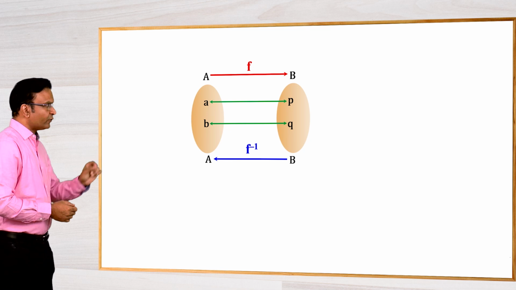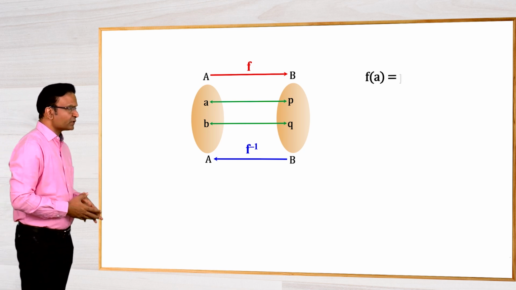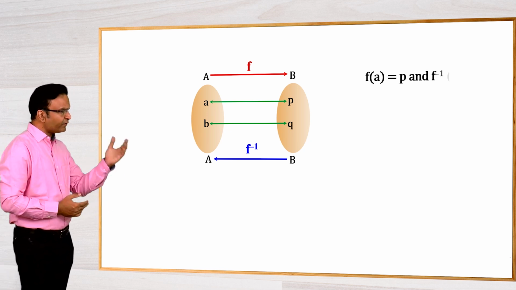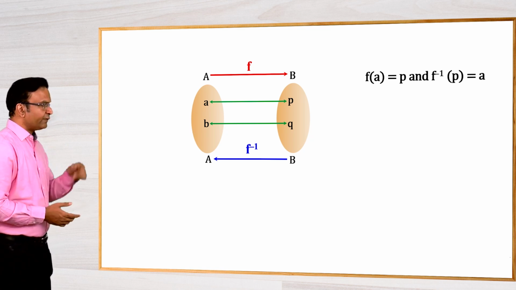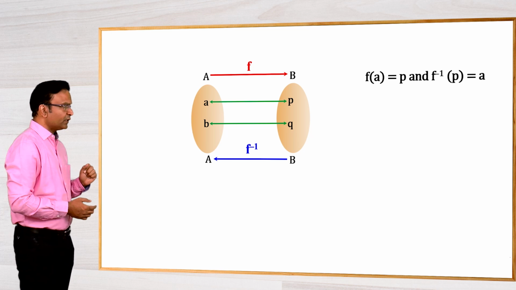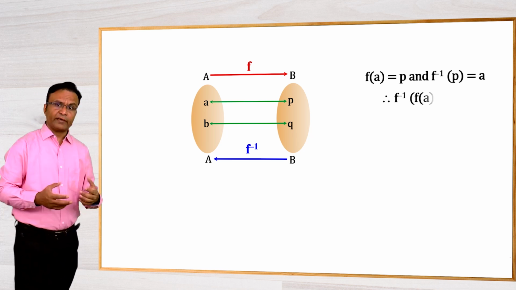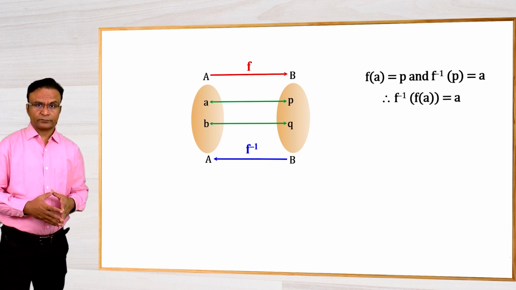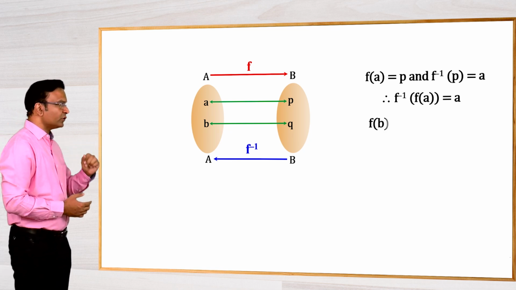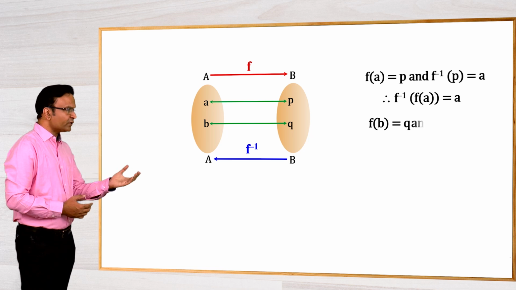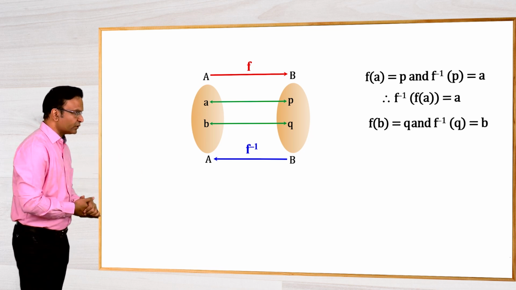Now what is f of a? f of a is p, and f inverse of p is equal to a. If I put the value of p, I get f inverse of f of a is equal to a. Similarly, we have f of b is equal to q, and f inverse of q is equal to b.